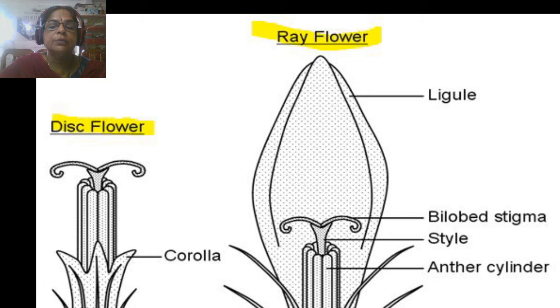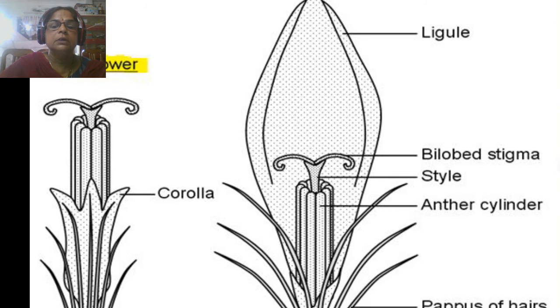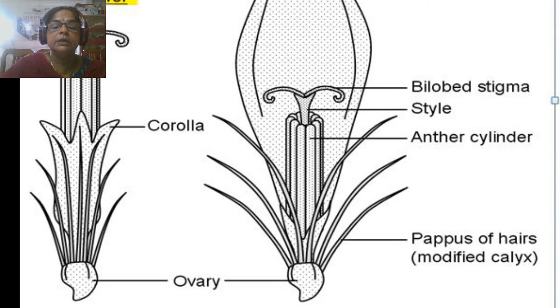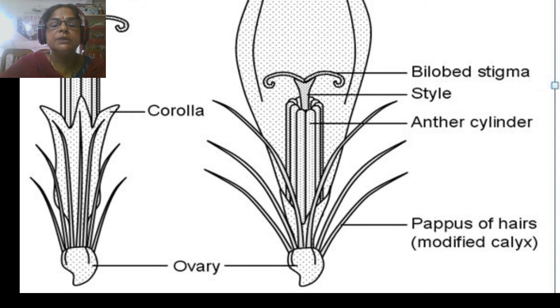This is the example you see. This is the ray floret and this is the disc floret. This disc floret shows the bilobed stigma, style, anther which is united or syngenesis condition, and this is the pappus, that is the calyx which is modified, which helps in parachute mechanism, and the ovary which is inferior.